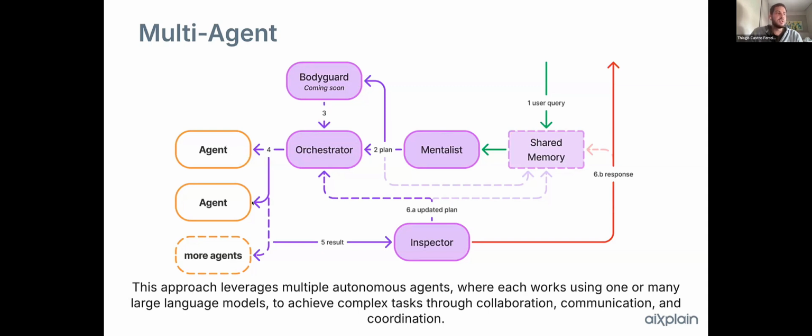Once the agents finish the steps they were meant to solve, their outcome is given to an inspector. The inspector is a part of the orchestrator, and it helps inspect the outcome and see if it is according to what Mentalist asked. If it is, it says the outcome is good enough and we are ready to write the final response.